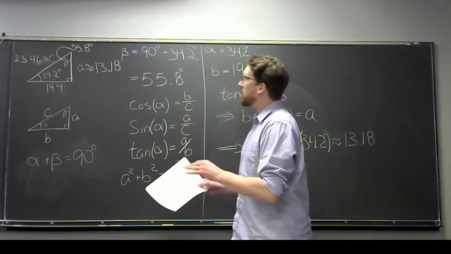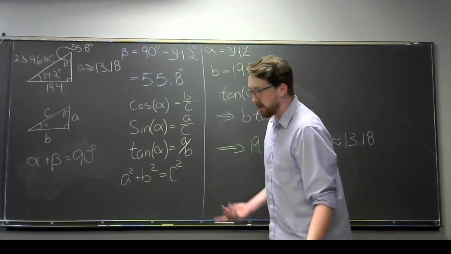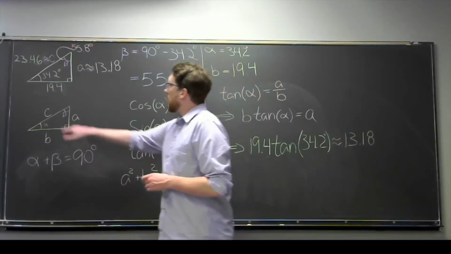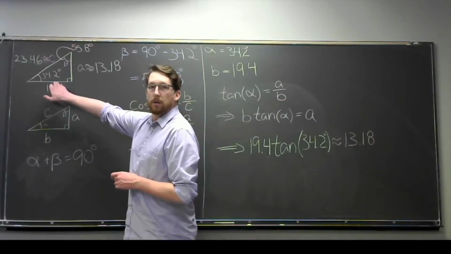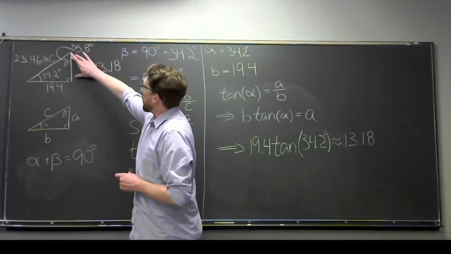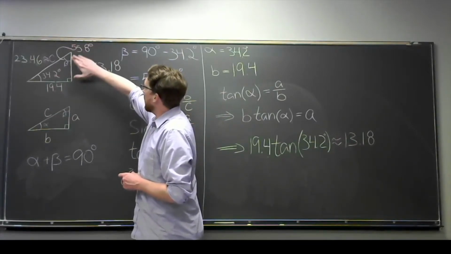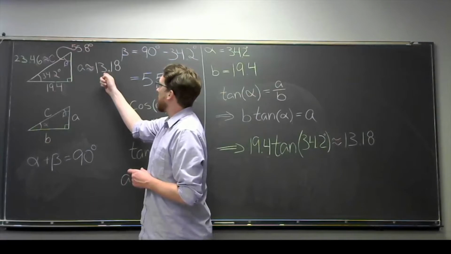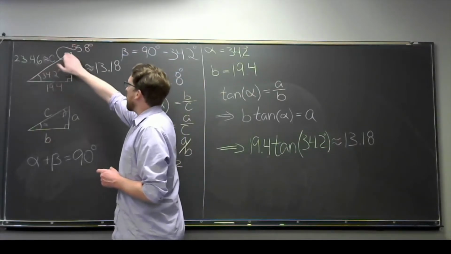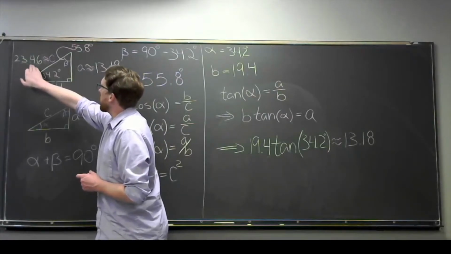So, having solved these, let's go back and check to see if there's anything left that we don't know. We've got the length of this side. That's 19.4. We've got the approximate length of this side. That's 13.18. We've got the approximate length of the hypotenuse. That's 23.46.